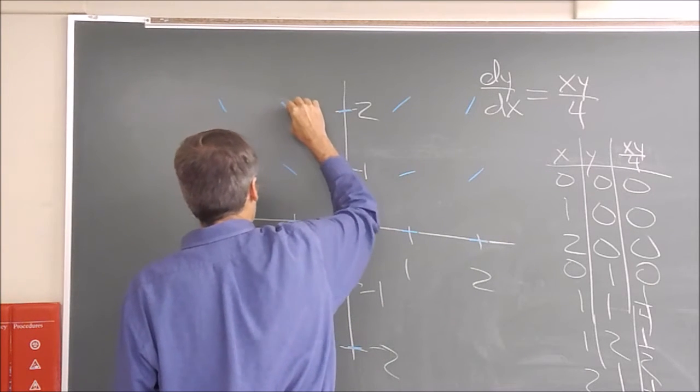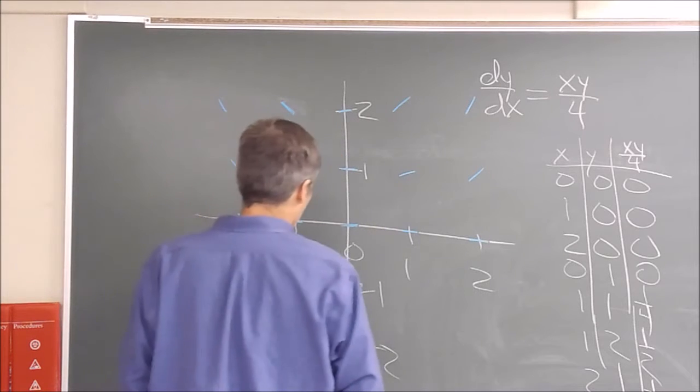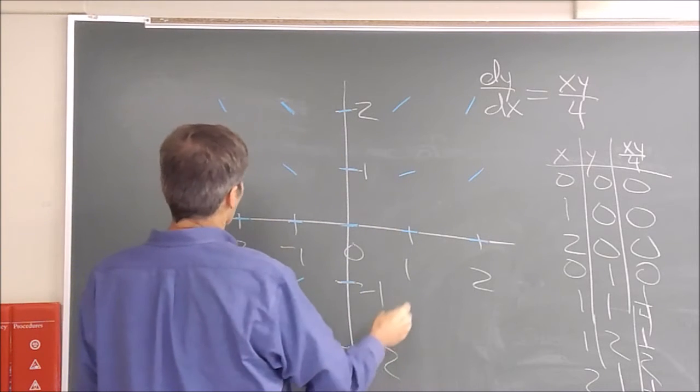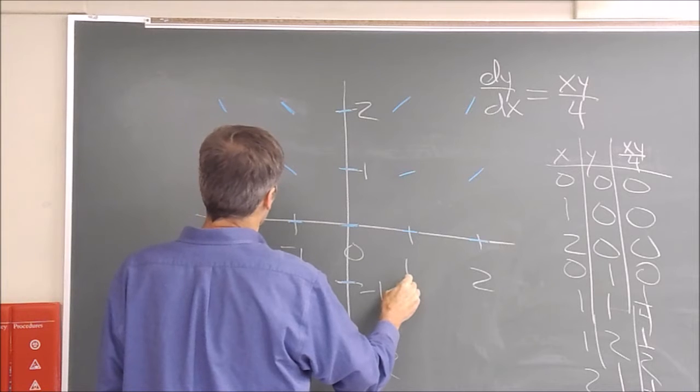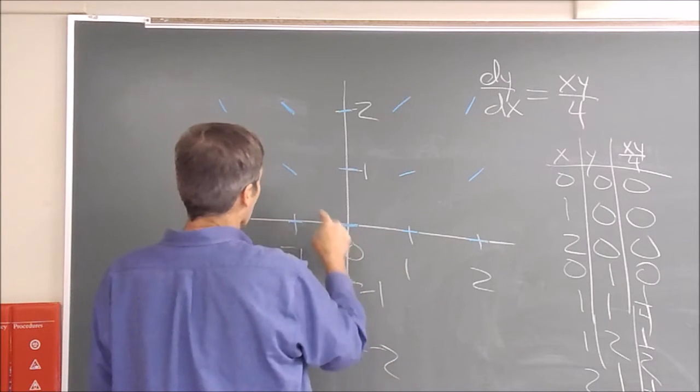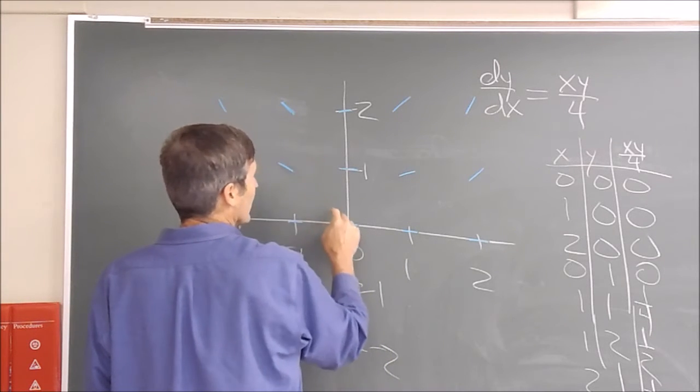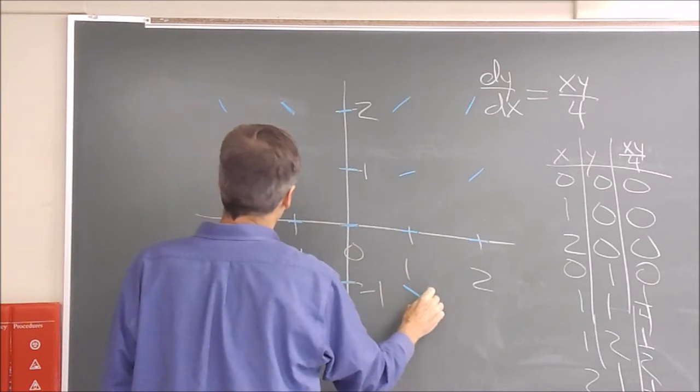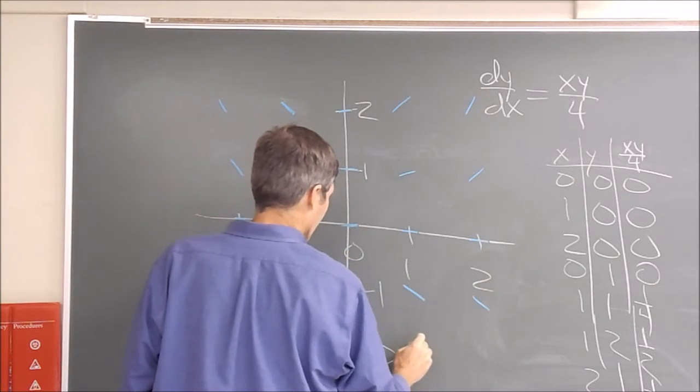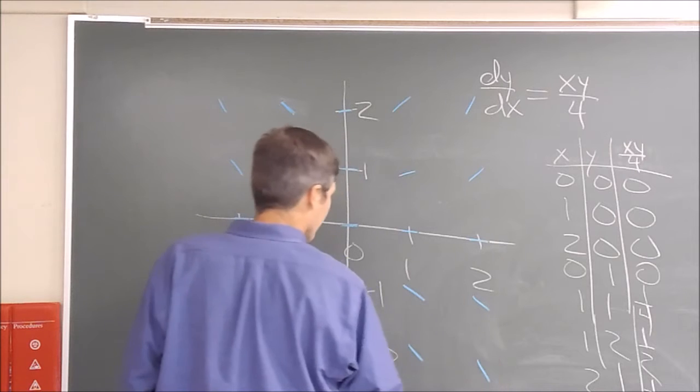About like that. And now we can kind of figure how these things look. We got a similar situation over here if we draw it in. Let's see, this is -1/4, wasn't it? And this one is also -1/4, and -1/2, -1/2, and -1.